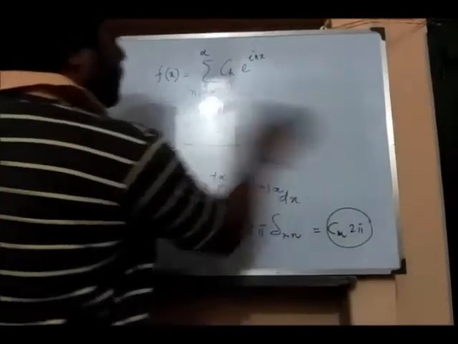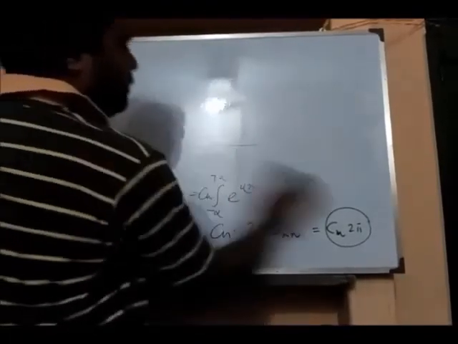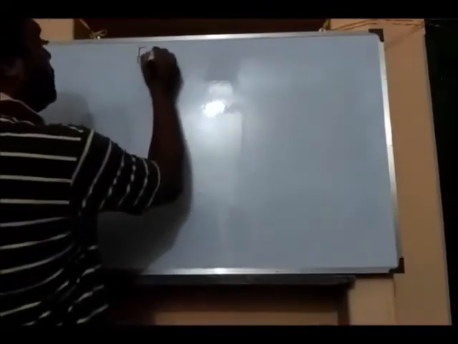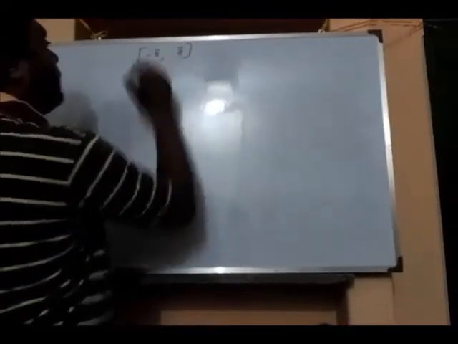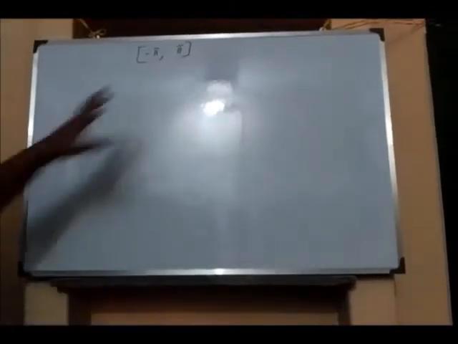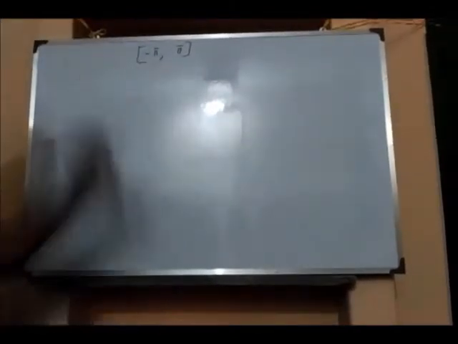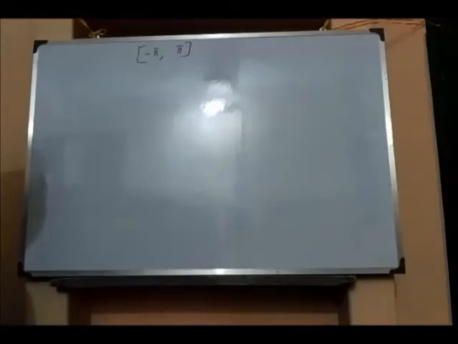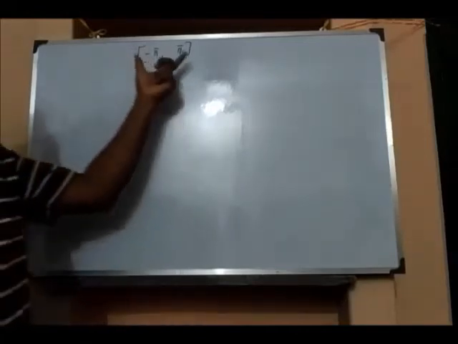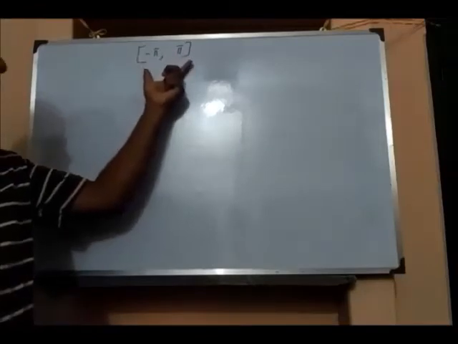Now we can find the Fourier series in the interval of twice pi, where I choose my convenient interval as minus pi to plus pi. Now the situation is not always the same, because you never get this bound region for all types of function.